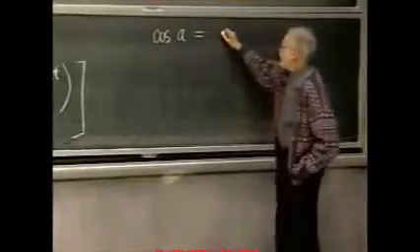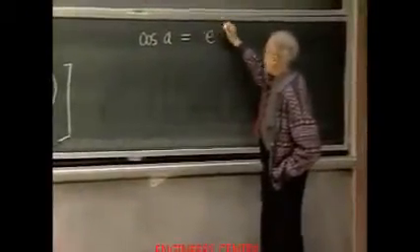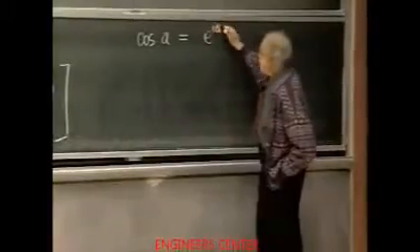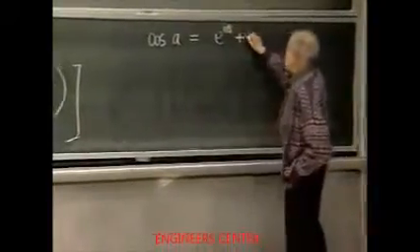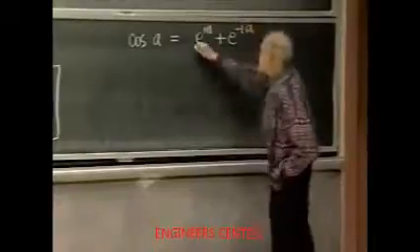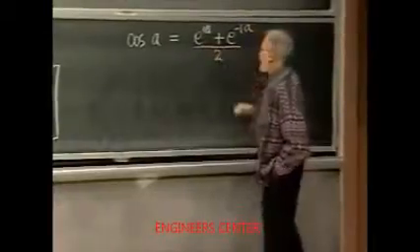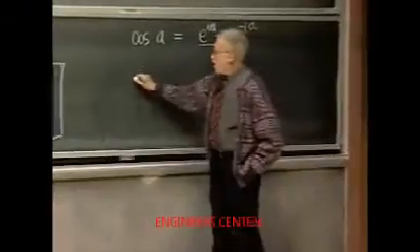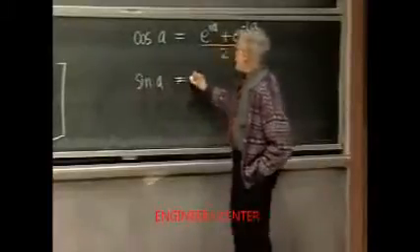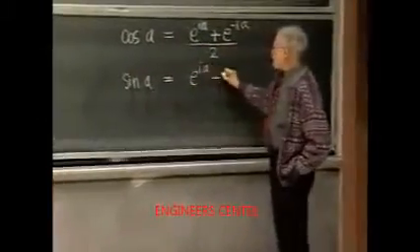And remember, the way to do it is cosine A is equal to e to the iA plus e to the negative iA, divided by 2. And sine of A is almost the same thing except you use a minus sign.